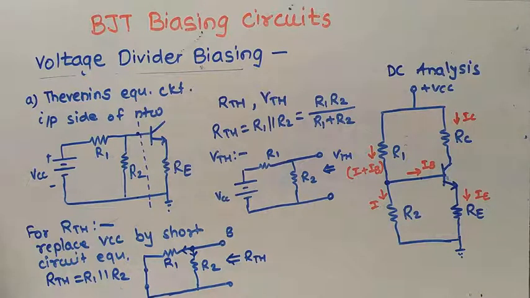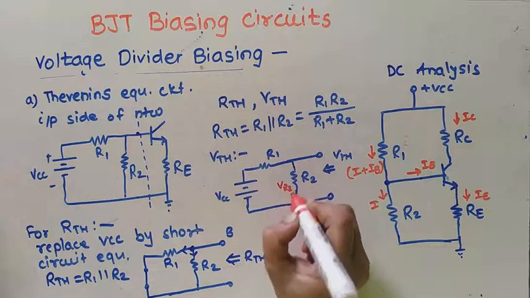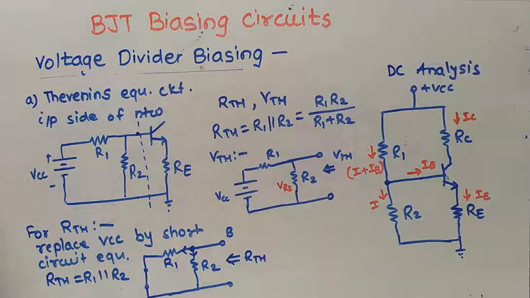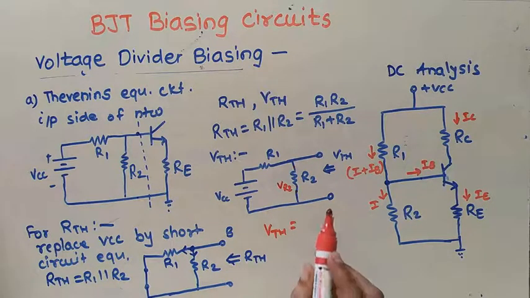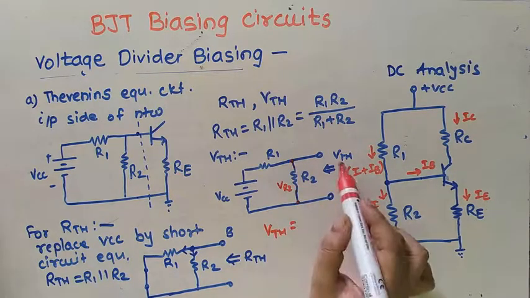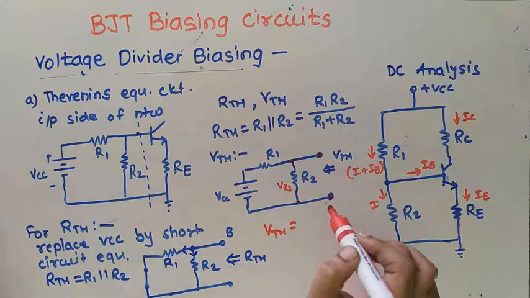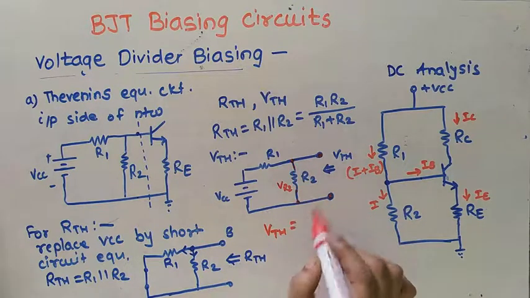Let's consider the voltage across R2 as VR2. We can find VTH by the voltage division rule. VTH is the voltage observed from these two points, that is the voltage across resistor R2.